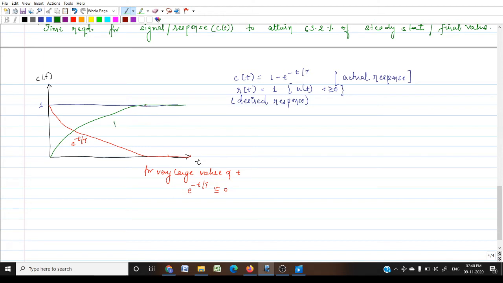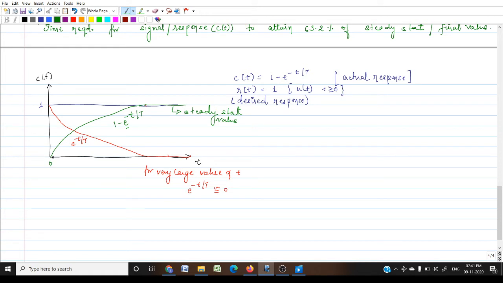So this is 1 minus e to the power minus t by tau. You can see that for a very large value of t, this approximately becomes 0, so your final response will be equal to somewhat 1. This is your steady state value. After the transients have been eliminated, this is the response that you get. That is the steady state response.